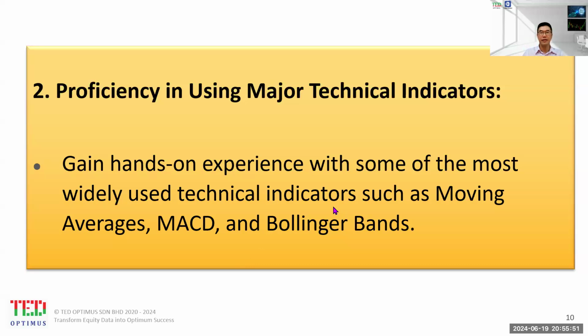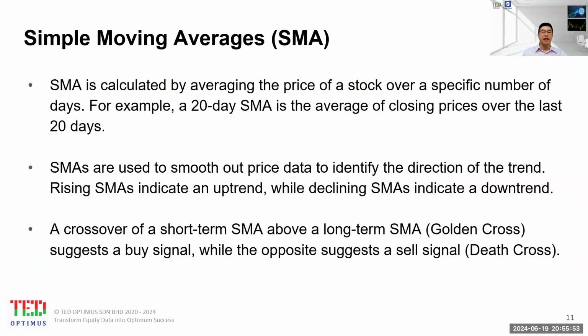Okay. So this could be the most useful, most widely used indicator. It's called the simple moving average. Simple moving average is calculated by averaging the price of a stock over a specific number of days. For example, if you talk about 20 moving average, it's very easy.